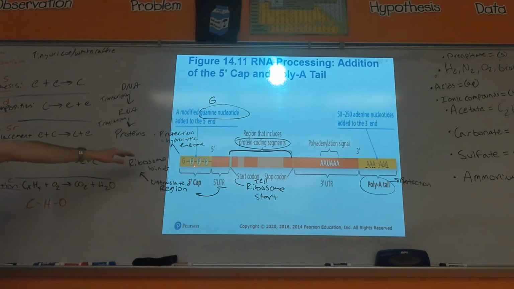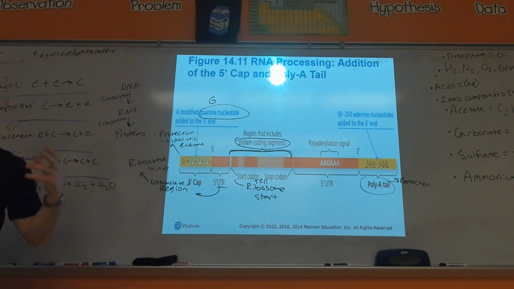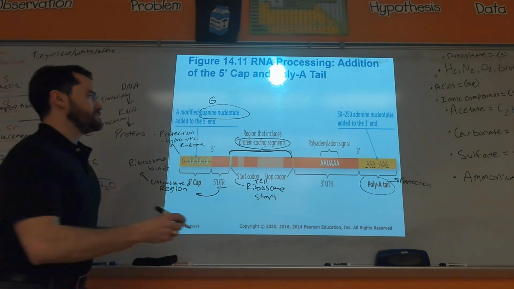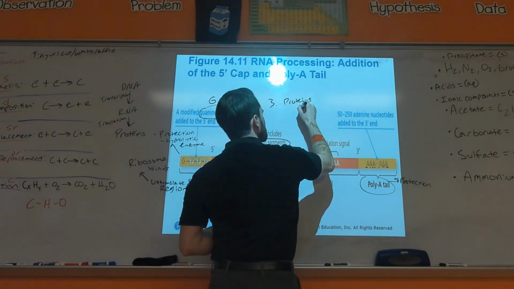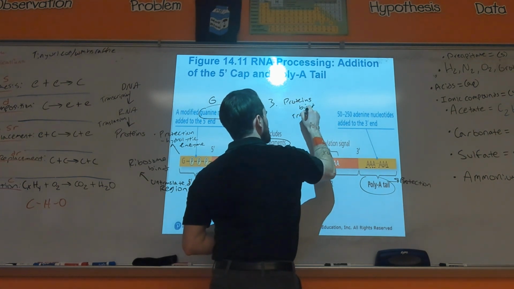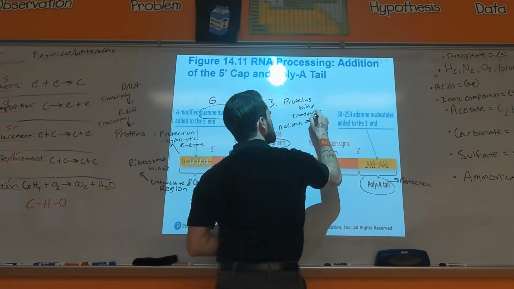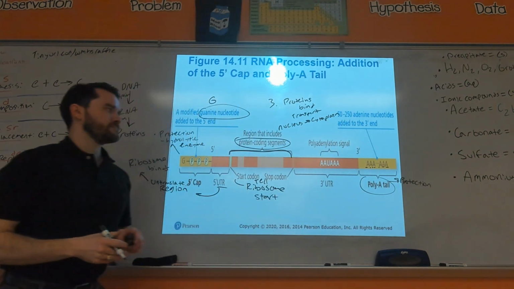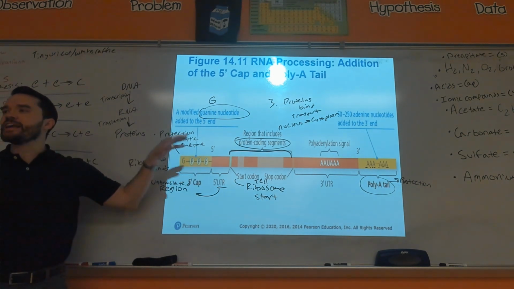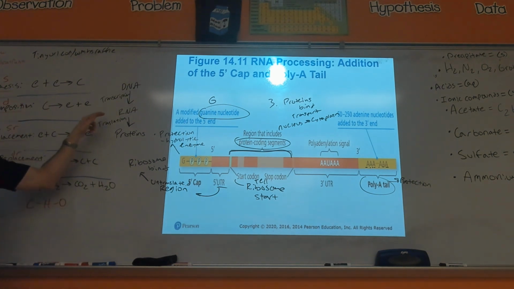So these modifications like the 5' cap and the poly A tail let other proteins bind for transport, to transport this from the nucleus to the cytoplasm. Because we make this messenger RNA in the nucleus, but the ribosomes are in the cytoplasm where we actually use those ribosomes to make the proteins.